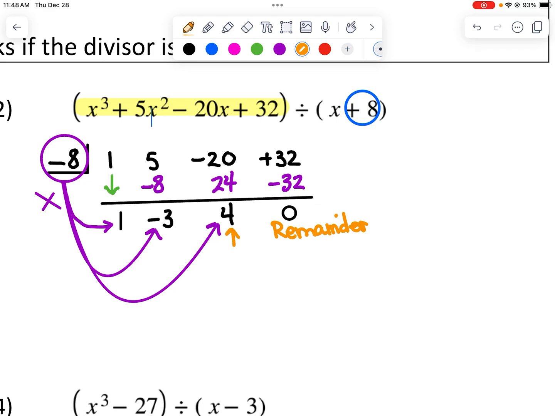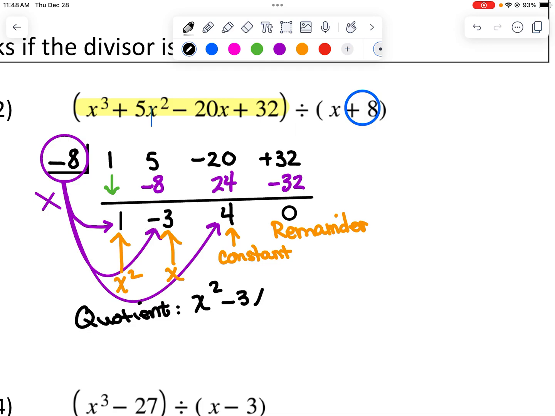This is the constant. This is the x term. And this is the coefficient of the x squared term. So the quotient, the answer, is 1x squared minus 3x plus 4.